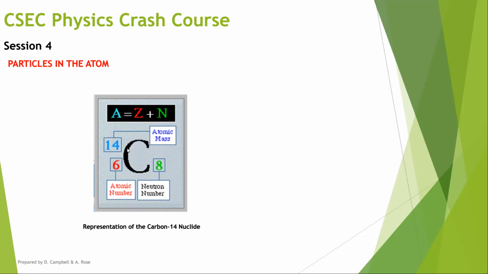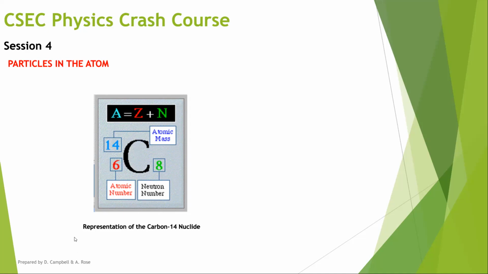Then the symbol of the element. We don't normally put the neutron number, just the mass number and the atomic number. So this is for carbon-14. This is a specific isotope of carbon.